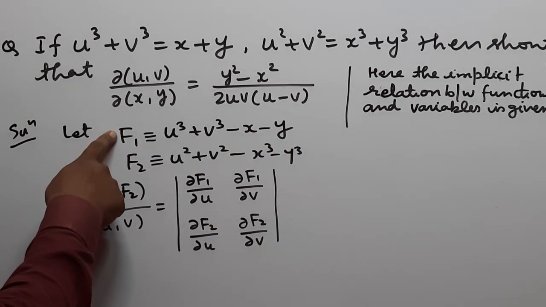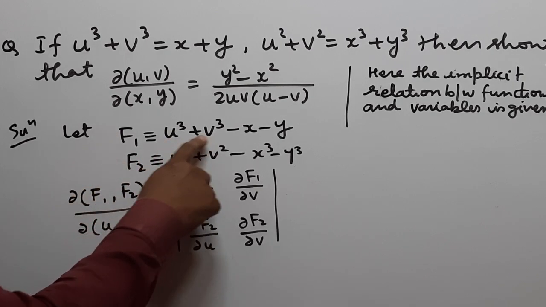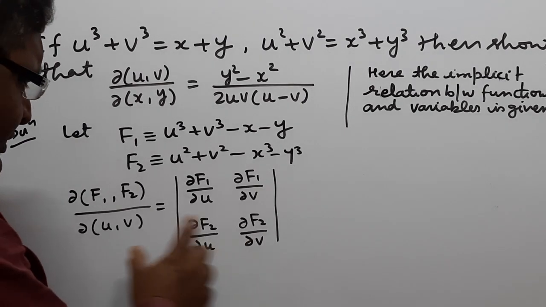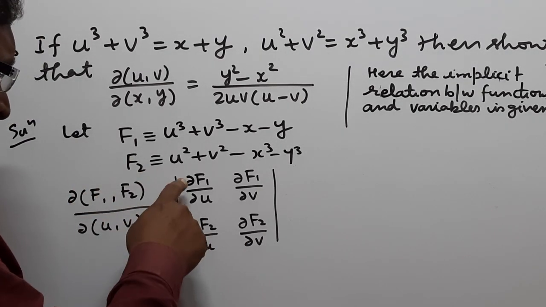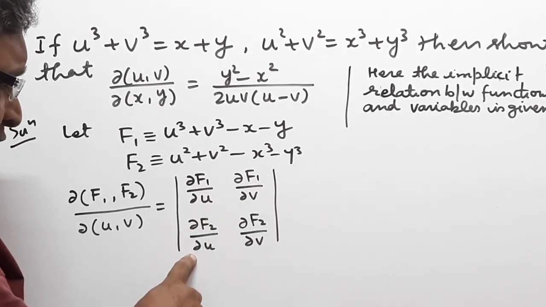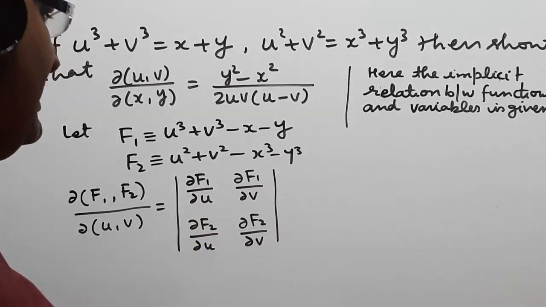Now we find the Jacobian of f1, f2 with respect to u and v. By the definition of Jacobian we write del f1 by del u, del f1 by del v, del f2 by del u, and del f2 by del v.